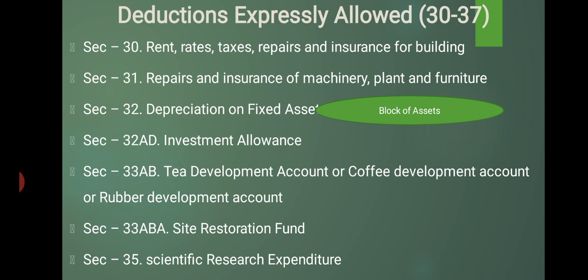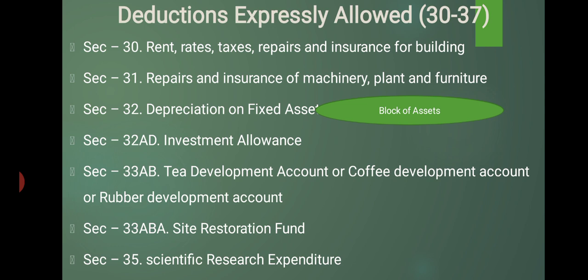Tangible assets like building, machinery, plant or furniture, etc., and intangible assets like know-how, patent, copyright, trademark, license, etc. The concept behind this block of assets means a bunch of assets or a group of assets which has the same rate of depreciation, falling within the classes of assets in respect of which the same percentage of depreciation rate has been prescribed.